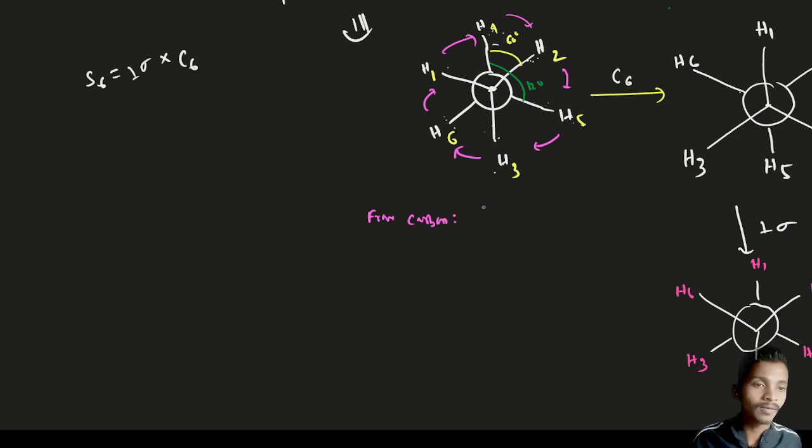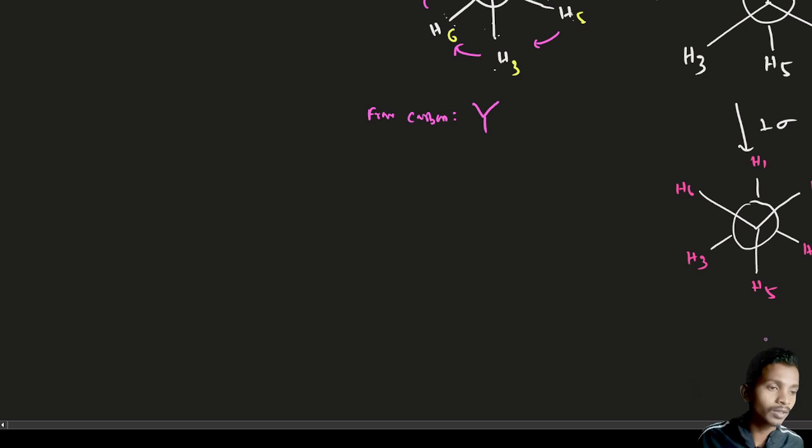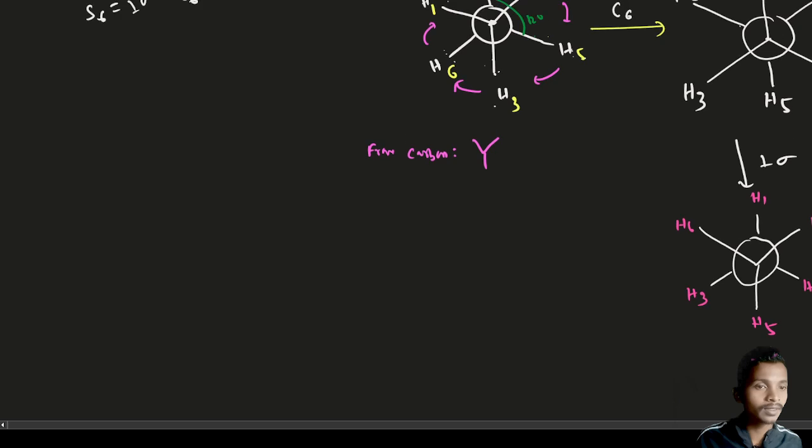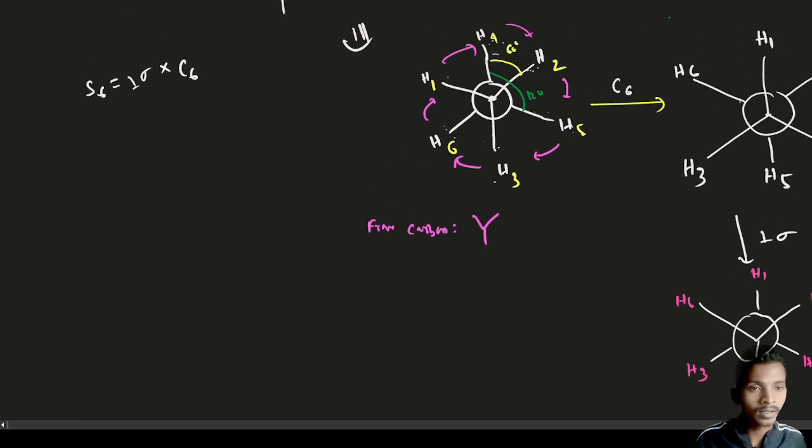Here the front carbon is straight y. Now here the front carbon is like this, and here the front carbon is again like this. So what you know is that S6 means C6 followed by perpendicular reflection.